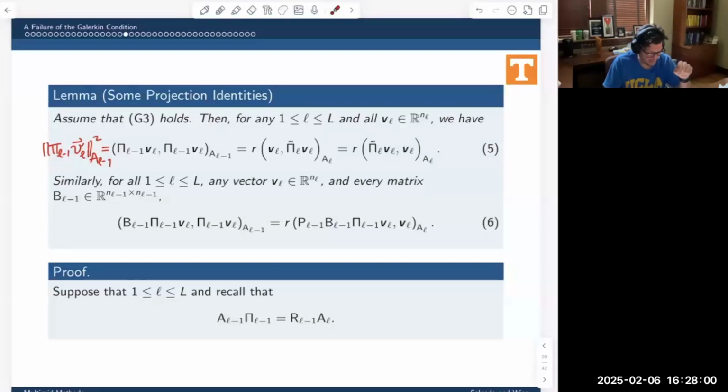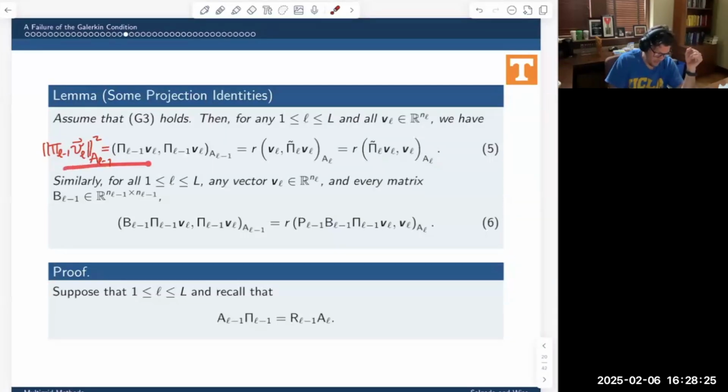It's not clear what the sign is. R has a sign, but by virtue of the fact that this is non-negative, this actually does have a sign. This has to be greater than or equal to 0, as does this one. Okay, so everything is making sense so far.